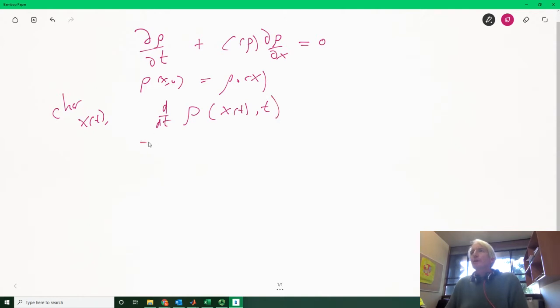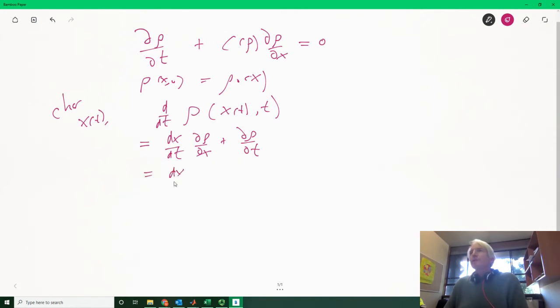is equal to. And that is of course equal to, now we do the derivatives, so we get d rho dx times dx dt plus d rho dt. That's before. And then d rho dt is of course equal to minus c of rho dx times d rho dx.